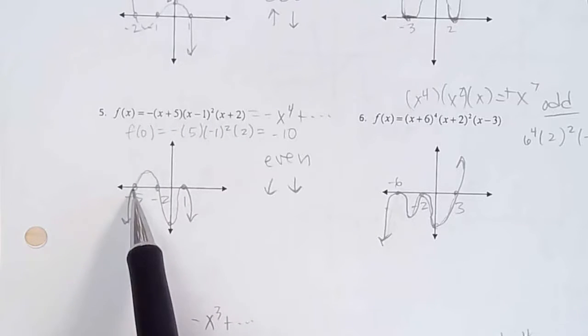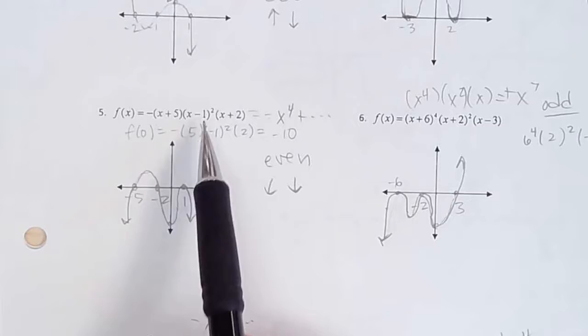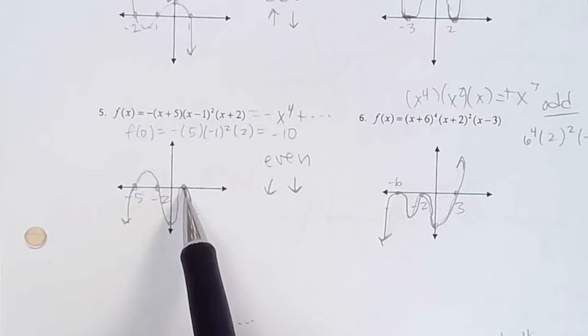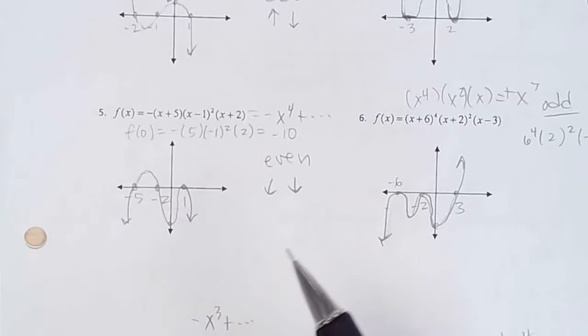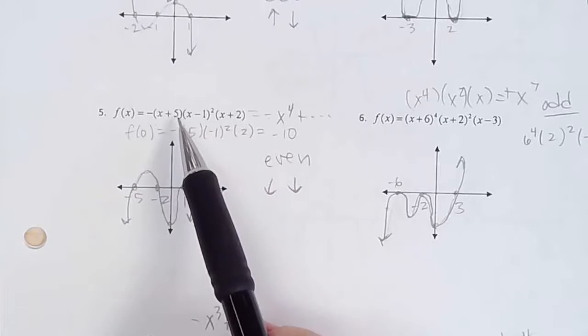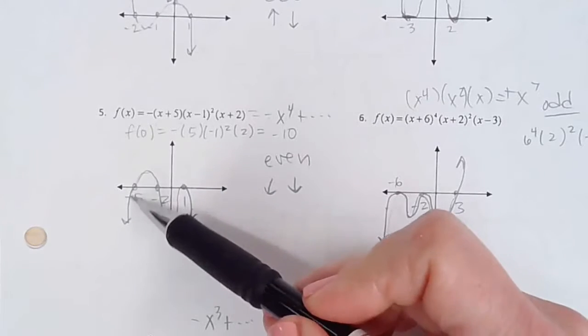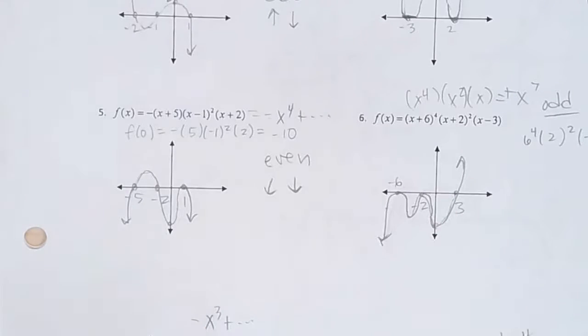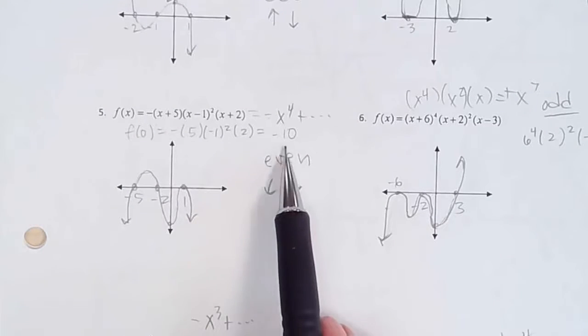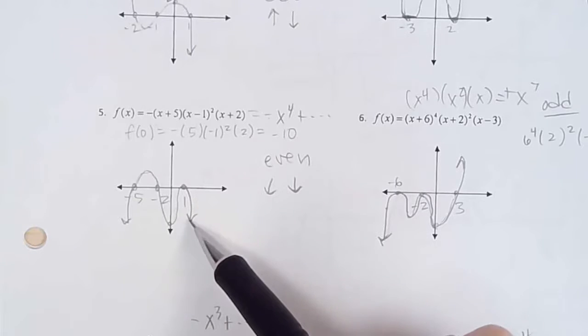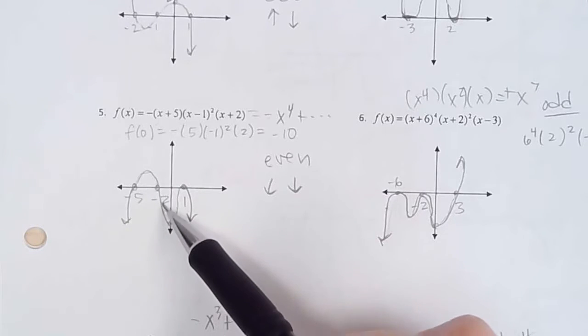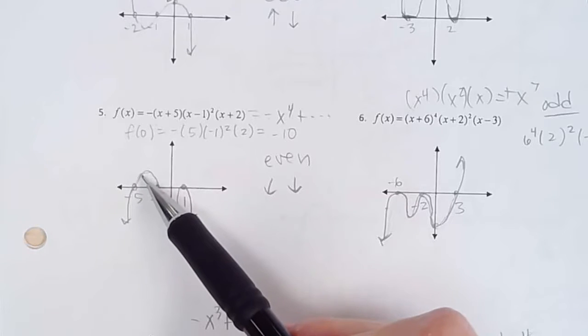At +1, we have a multiplicity of 2, so that's an even, that's a bounce or U-turn, and at -2 and -5, you are going to cross the x-axis. So you start off by doing down, down. Your y-intercept is at -10. So again, you U-turn when you hit 1, catch your -10 y-intercept, go through -2, and then cross through -5 to go back down again.